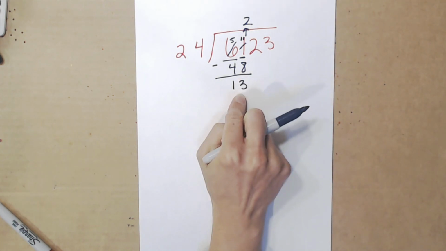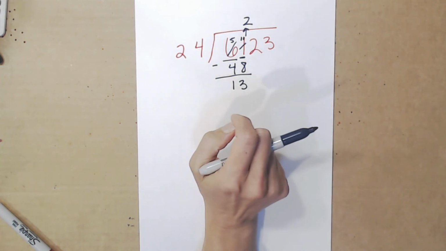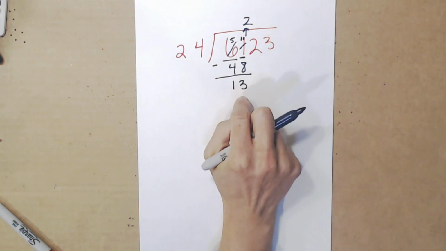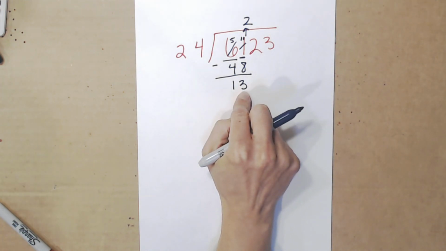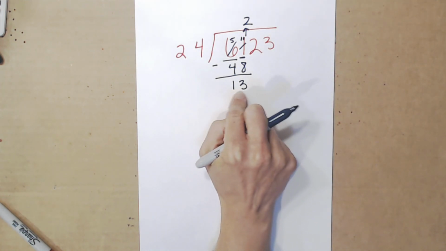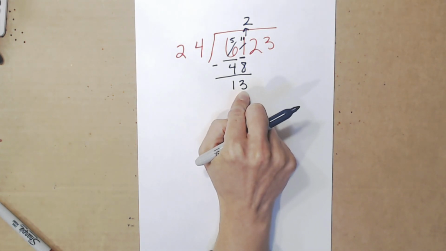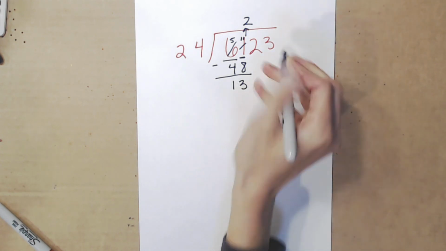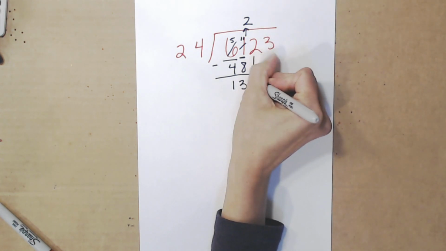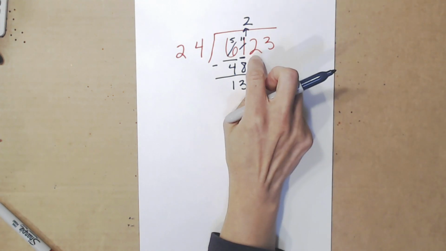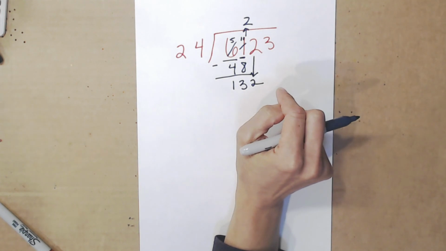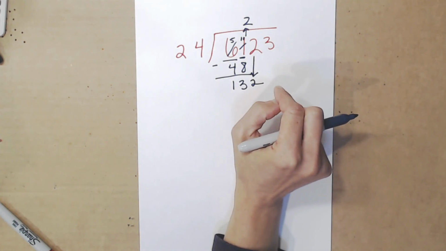Now I can't share 13 hundreds among 24 people, so I think of these now as tens. So 13 hundreds would be 130 tens, because each hundred is 10 tens. So if I bring down the 2 tens that I started with, I end up with 132 tens to share.